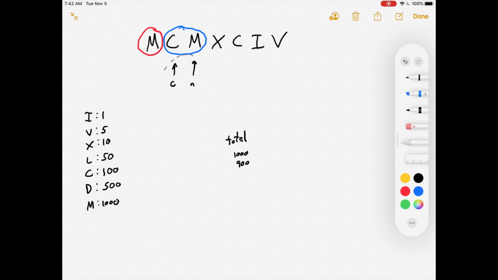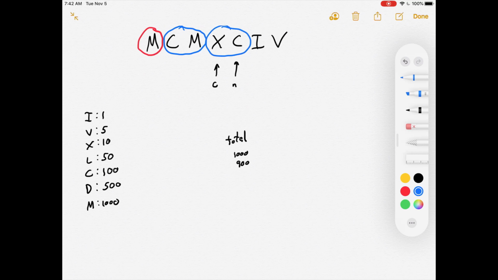So now the next number we're going to consider can't be M because we've already added that to the total. It now has to be X, and the number to the right of that is C. So we'll ask the same question. Is the number on the left greater than or equal to the number on the right? No, it's not, because 10 is less than 100. So again, we'll factor both of these into the total.